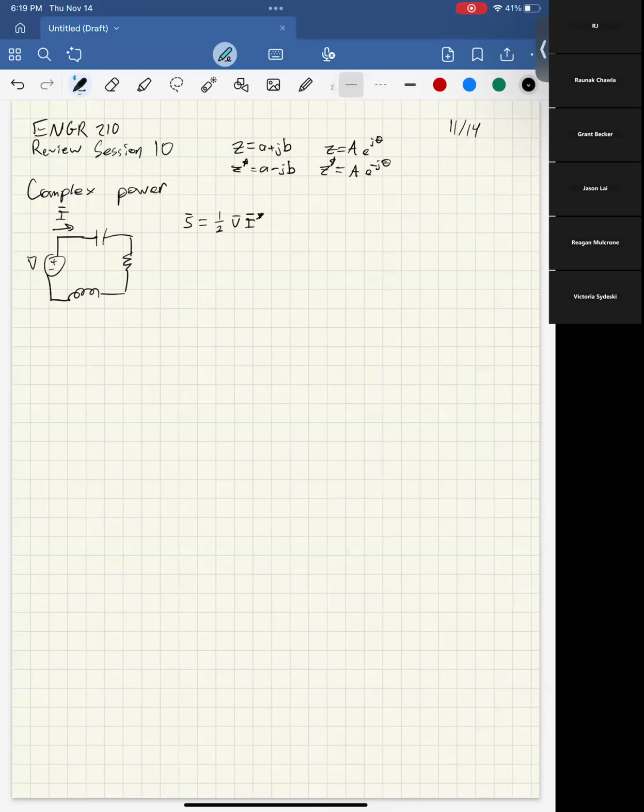You can put a bar on top of the S as well if you want. We have to use complex power because in circuits, when you have a sinusoidal input, there are two things going on when you look at how resistors interact with that power versus how capacitors and inductors interact with it.